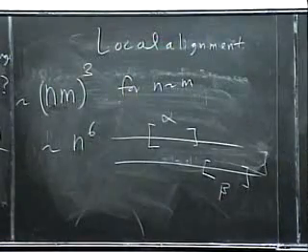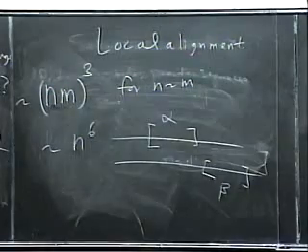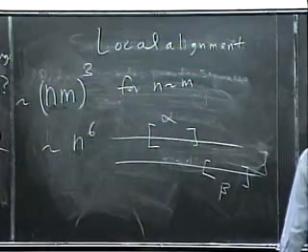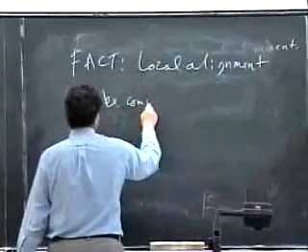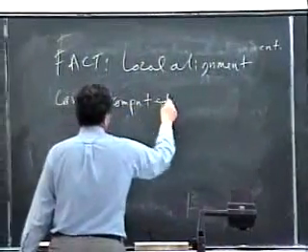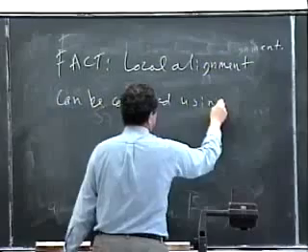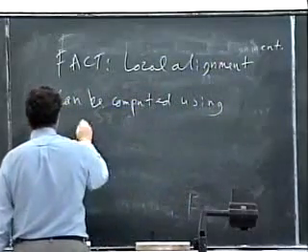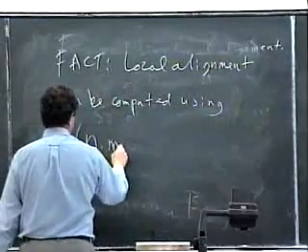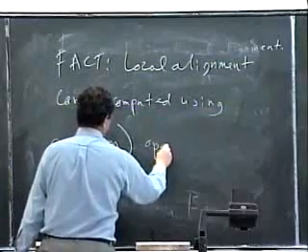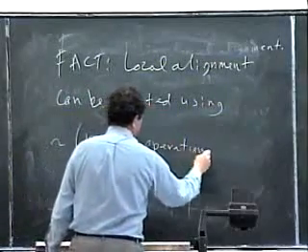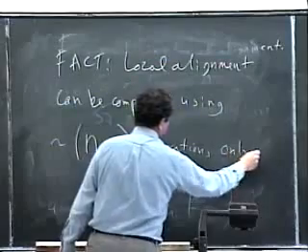Local alignment can be computed using, again, something proportional to n times m operations only.